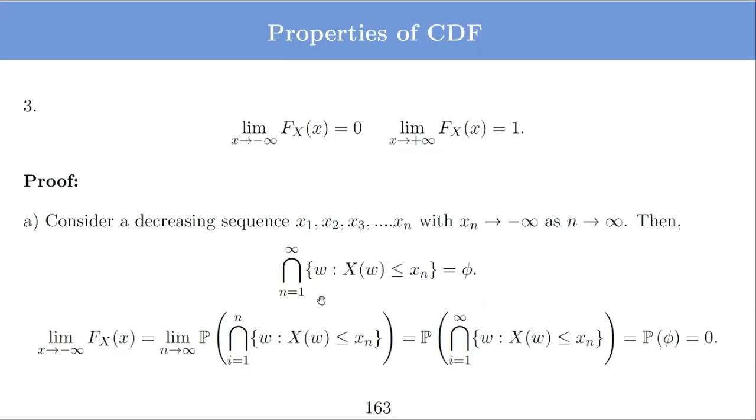Now, if I take the intersection of all these En, you get the empty set. How do we prove this? This is made from all omega which belong to each of these sets. And then you can say that no matter what number you take, you can always find an xn which is less than that number.